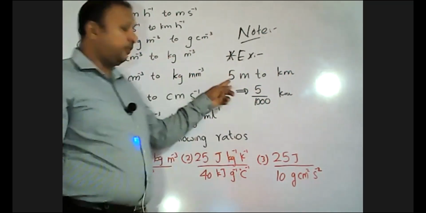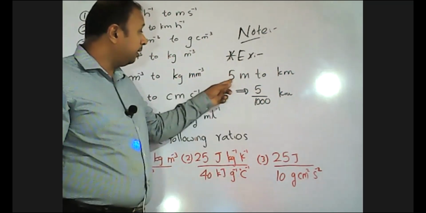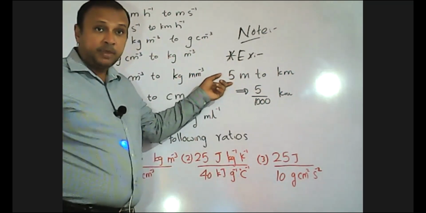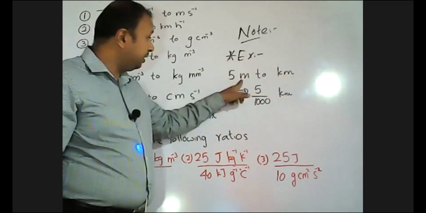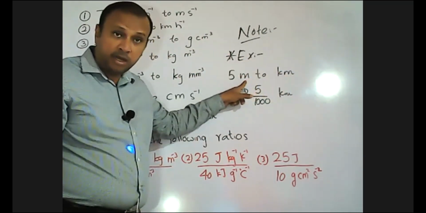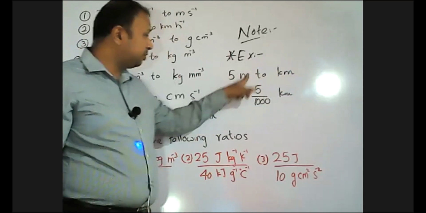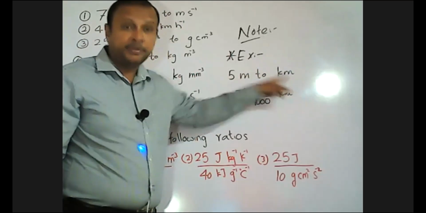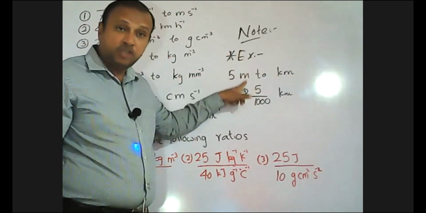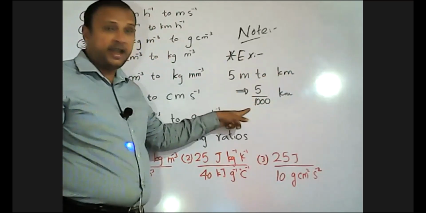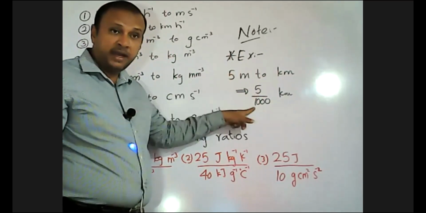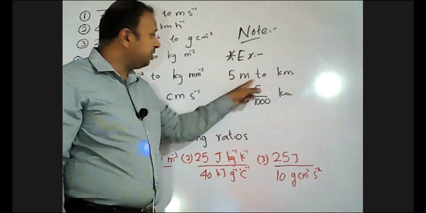Like this. If we need to convert 5 meter into kilometer, meter to kilometer, smaller unit to larger unit, small scale to large scale, then we have to divide the given value by the ratio between these two units.